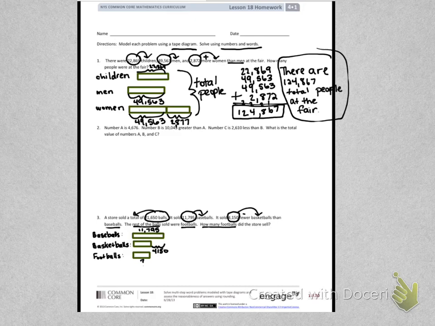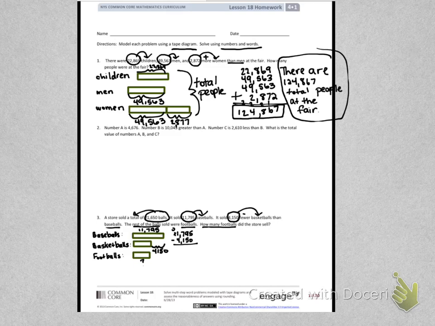We can tell how many baseballs they have, and if they sold 4,150 fewer basketballs, that leads us to a subtraction problem. So we have 11,795, and we're going to subtract off the 4,150. Looking ahead to see if we need to do any kind of regrouping. Everything looks okay until the thousands place.